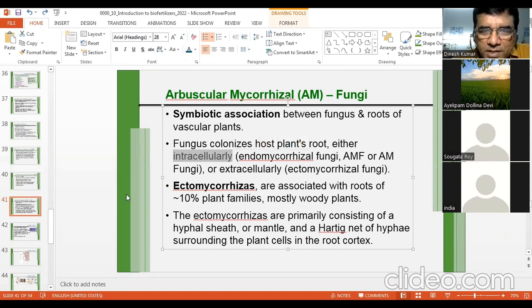And as I've already told you, ectomycorrhiza are associated with roots of only 10% of plant families, and the remaining 90% of plant families are colonized by these AM fungi. Ectomycorrhiza primarily consist of a hyphal sheath or mantle. Mantle means thick growth outside the root, and a Hartig net of hypha.